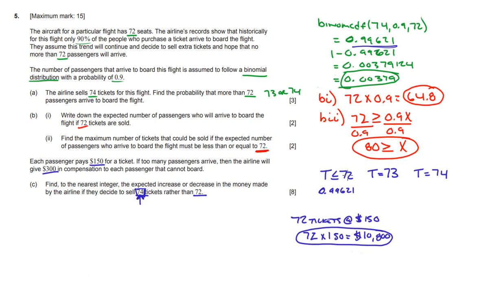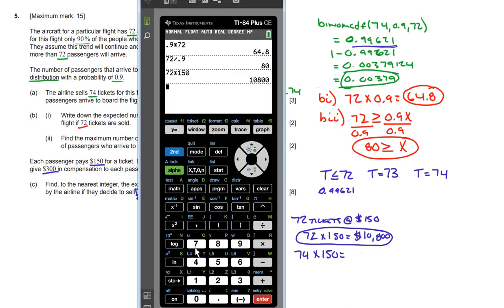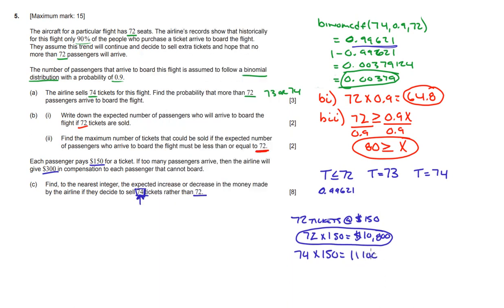Okay. So if we sell 74 tickets and 72 or less people show up, we're going to end up making a little bit of extra money, right? Because that's going to be 74 times 150, which gives us 11,100. Now, that's if 72 or less show up, because we're selling 74 no matter what.